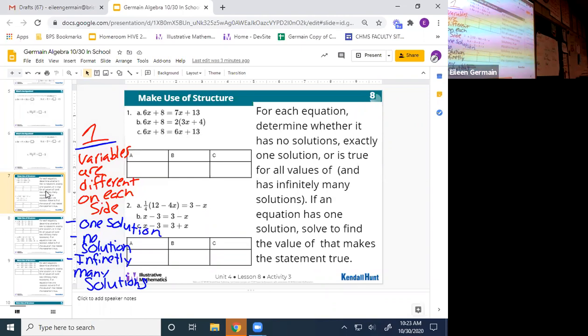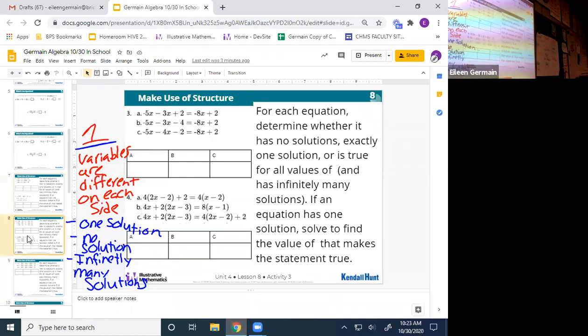Okay, I'm going to have Adam show me. Adam, in the chat, I want you to tell me the answer for 3B. Make sure you label it, 3B. Elliot, I'm going to have you do 3C.